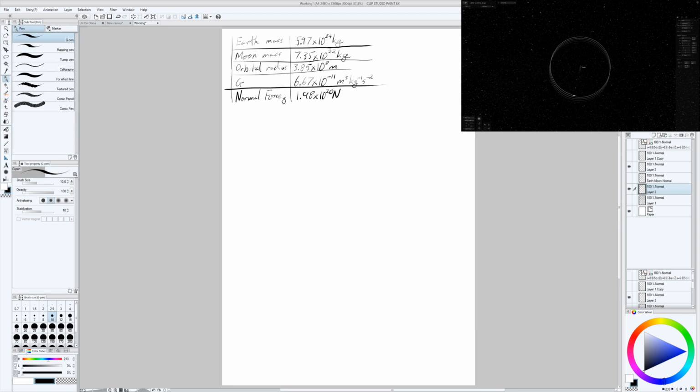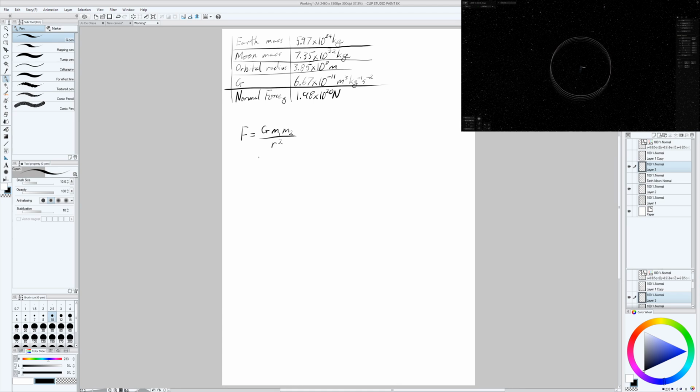And that was the normal gravitational force between them. So now, we use the equation F is equal to G, so the gravitational constant, I think Newton figured that one out, G times mass 1 times mass 2 divided by the orbital radius squared.